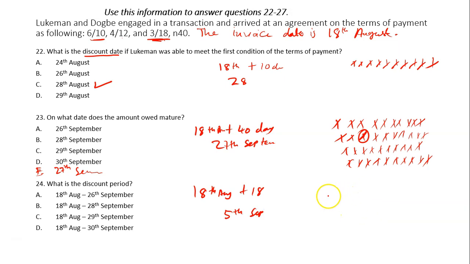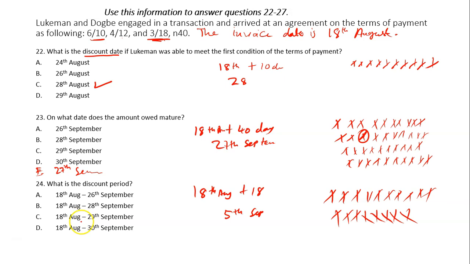So let's draw 18 fingers. 1, 2, 3, 4, 5, 6, 7, 8, 9, 10, 11, 12. So 18th August, 19th, 20th, 21, 22, 23, 24, 25, 26, 27, 28, 29, 30, 31st. So 1st September, 2nd, 3rd, 4th, 5th September.